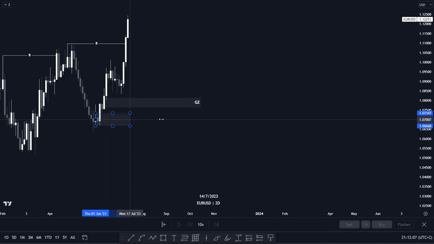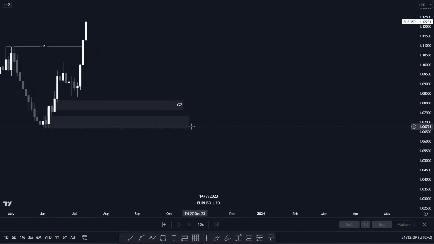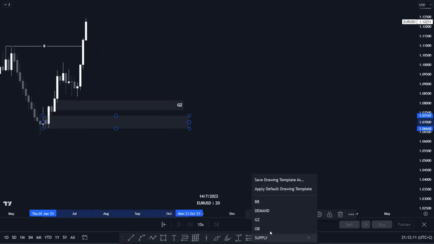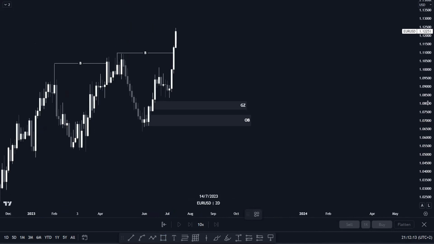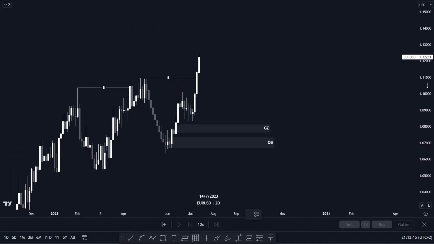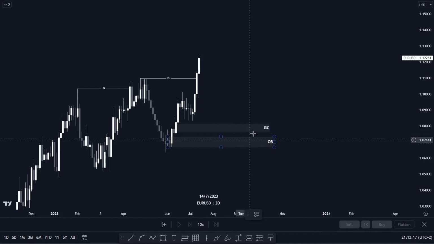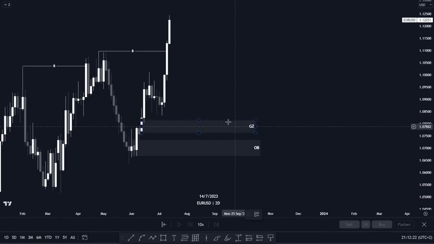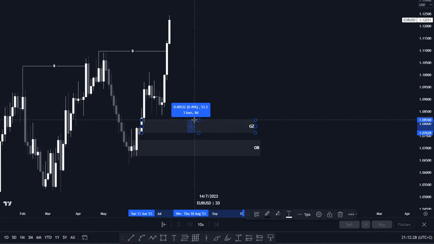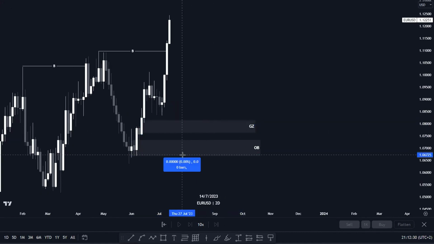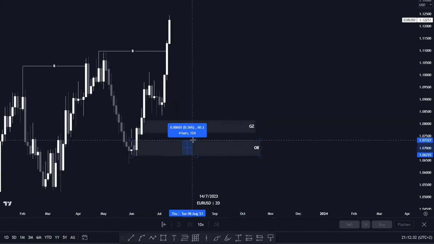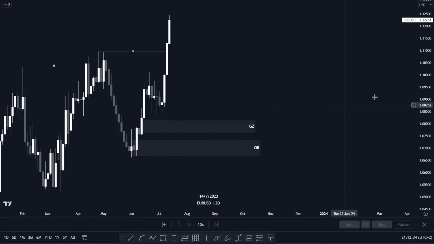Now to minimize your risk, you have to look for your confirmation entries within one of these zones here. Because if you take your entries based off your golden zone higher time frame entry here, you'll be risking 50 pips, and here you'll be risking around 60 to 70 pips, which is a lot of pips to risk.